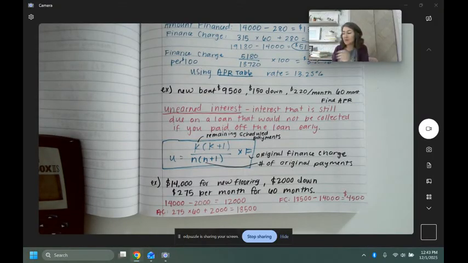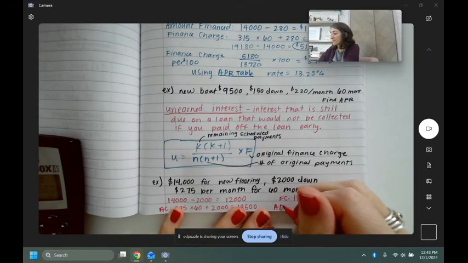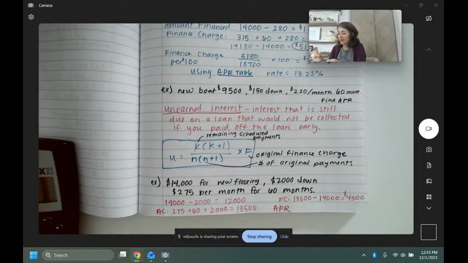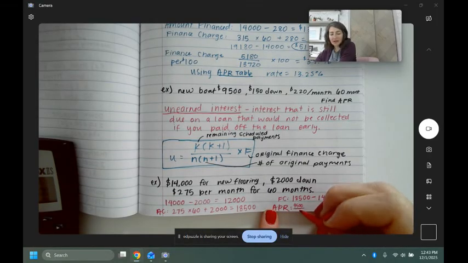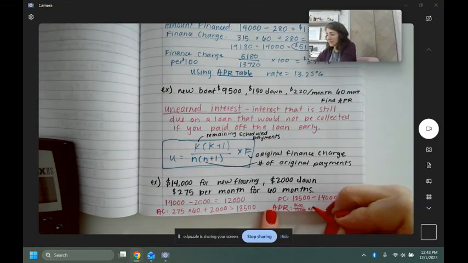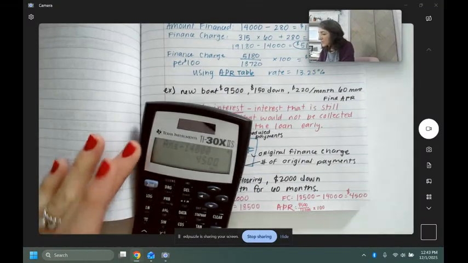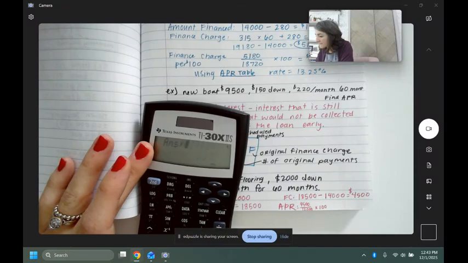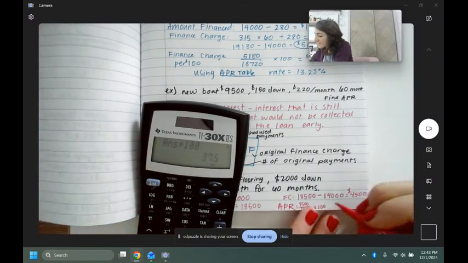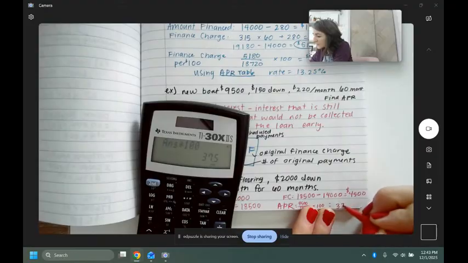All right, let's find the APR. I'm going to go to my APR table. So I've got 4,500 divided by the 12,000 I borrowed, times 100, which is 37.5.